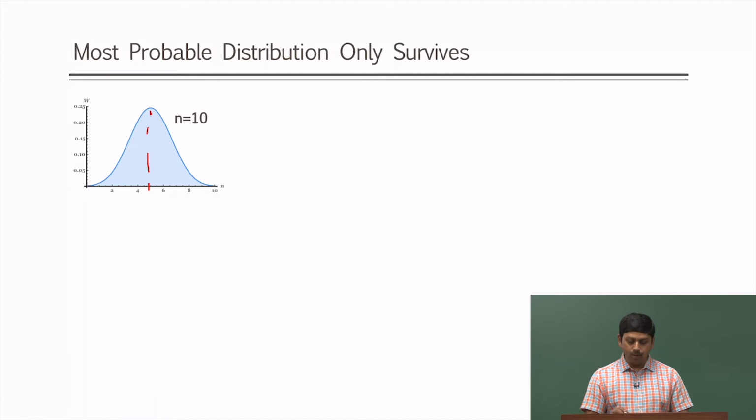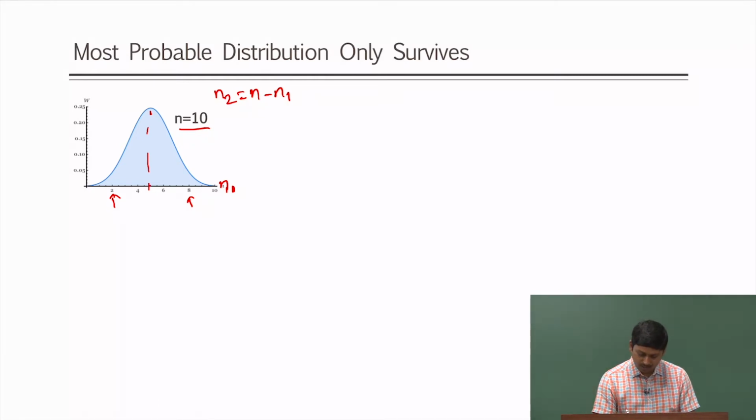That means we are talking about the value in one box compared to the total number. 10 is the total number, and what we have plotted is n1, the value in one of the boxes. Correspondingly n2 is already decided, because n2 is n minus n1. If n1 is 5, then n2 is also 5, but if n1 is 2, then n2 is 8, and if n1 is 8, n2 is 2. Whenever there is a deviation from half, which is 5 in this case, there is a lesser value of W.